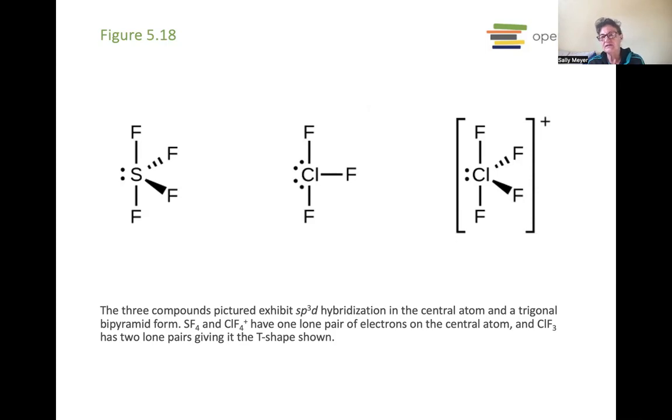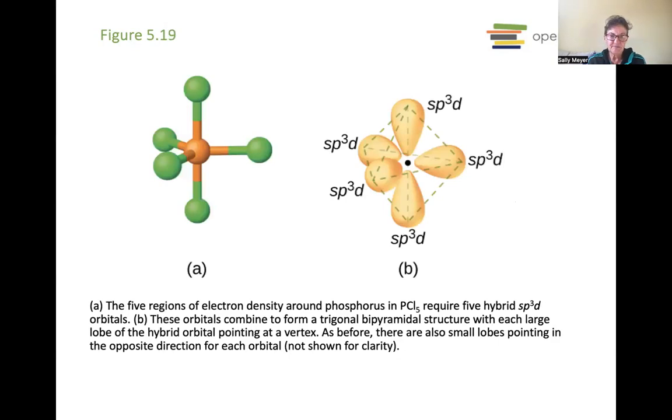And then the chlorine in the cation on the right also has 5 regions, so it's going to be sp3d. Here is just a picture of the geometry of that on the left, and then on the right, a picture of those orbitals. And it shows you that they all have the right angles that you would expect from VSEPR theory.